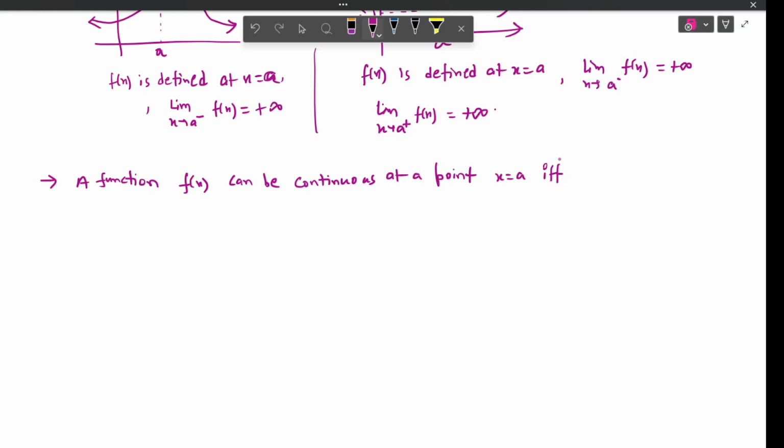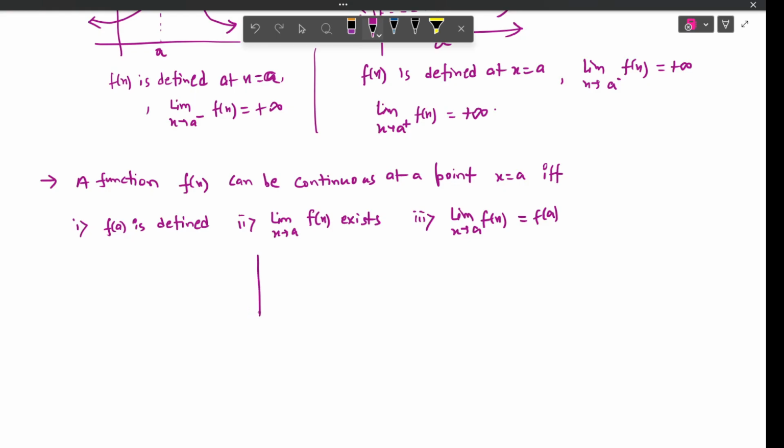Iff means if and only if: number one, f of a is defined; number two, limit x tends to a of f of x exists; and number three, limit x tends to a of f of x is equal to the value of the function, right? These three things should be satisfied.